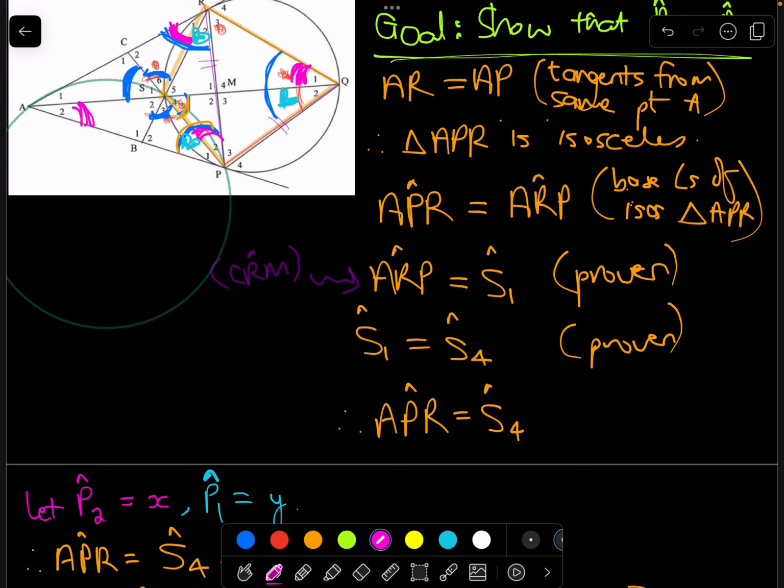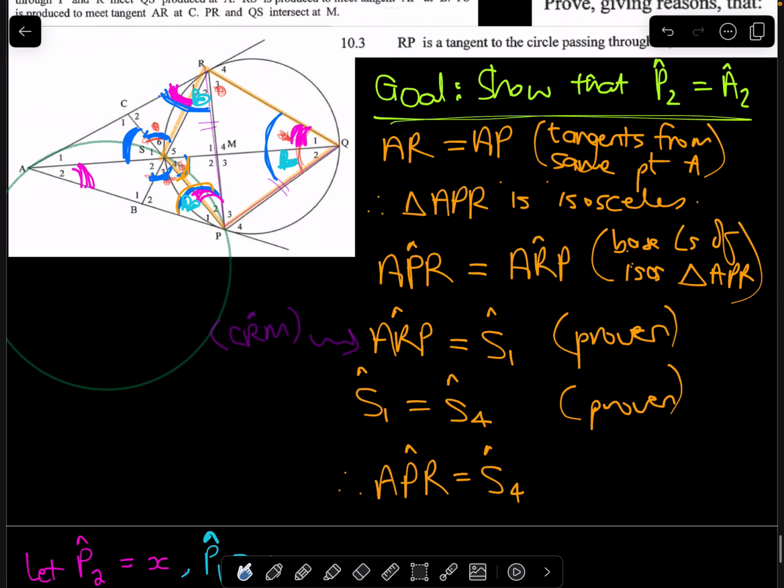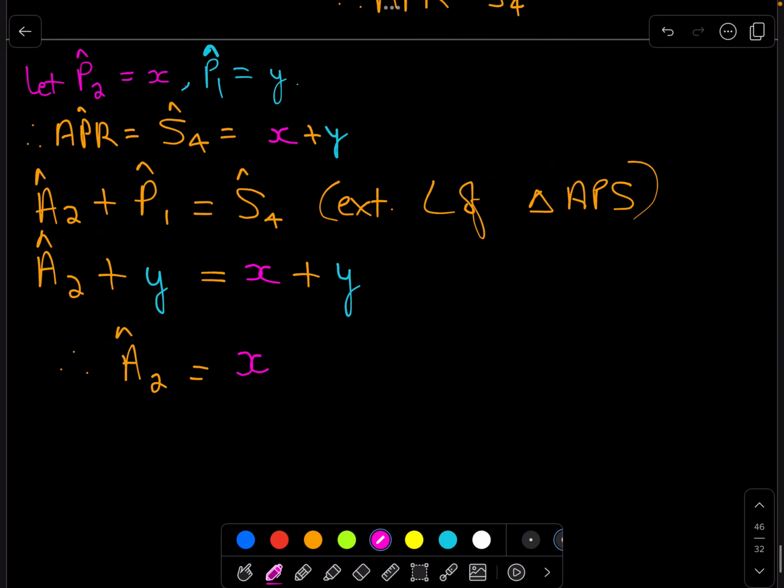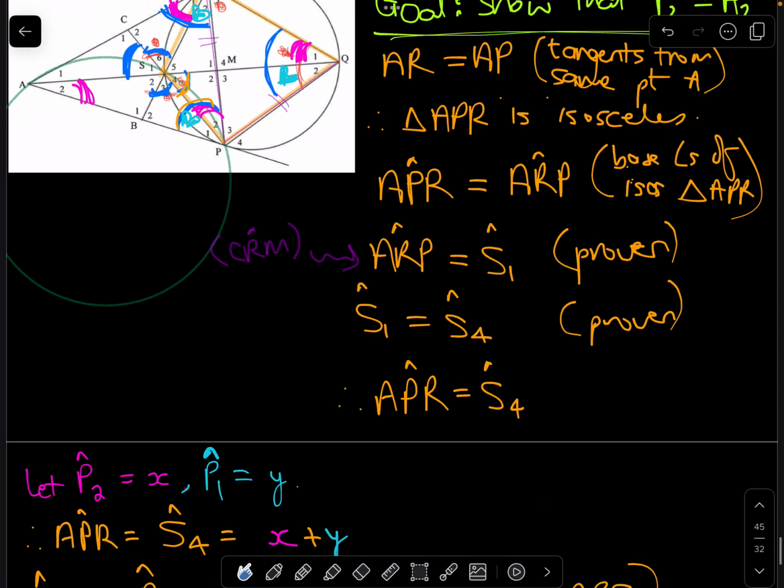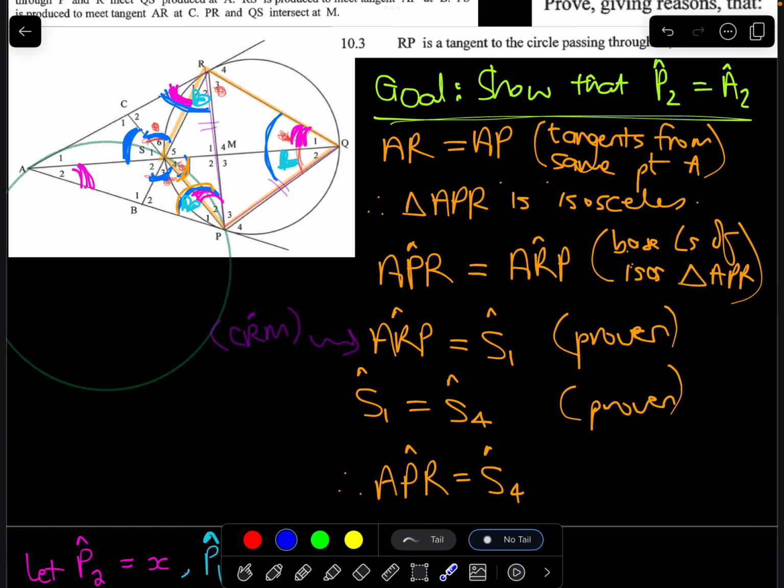Okay, and so what have we done? We have now shown that A2 is equal to, might as well keep it pink, the original X, which is P2, and so RP is indeed a tangent to the circle, because we've shown that the angle between this chord and this tangent is equal to the angle that gets subtended by that same chord in the alternate segment.